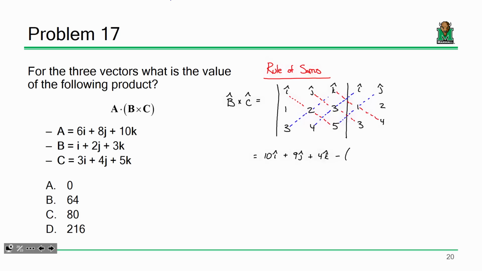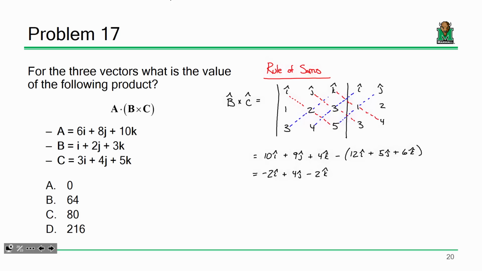I got 5J and 6K. Does everybody see that? So this is minus 2i, just add up like terms, plus 4j minus 2k. Is everybody okay with that?